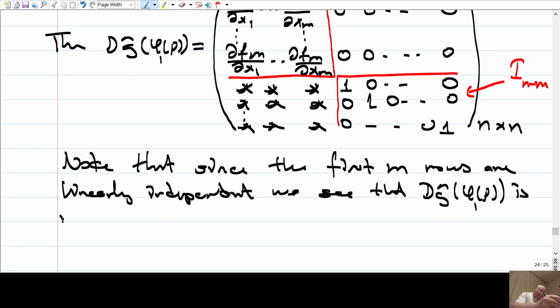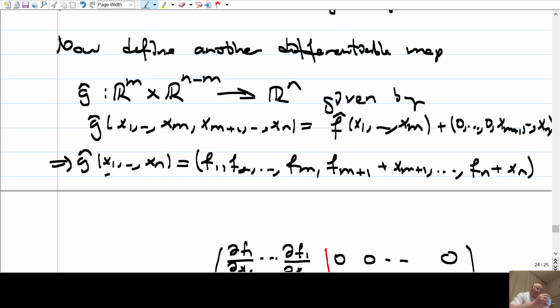Is invertible. Well, G hat is a function, actually not from Rm, it's a function from a subset of Rm. It's a function from U1 cross Rn, but this is a subset of Rm.